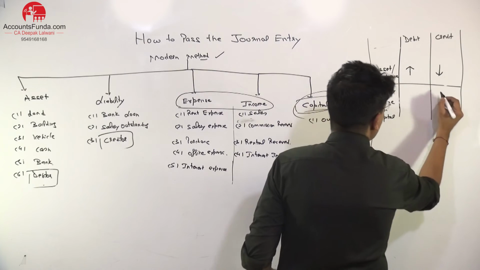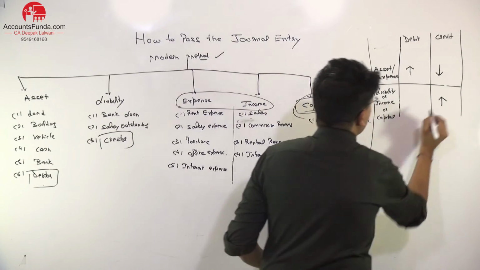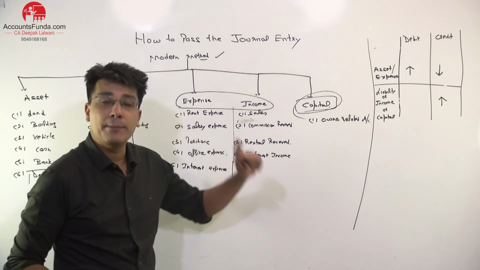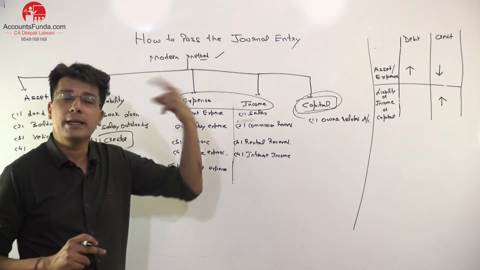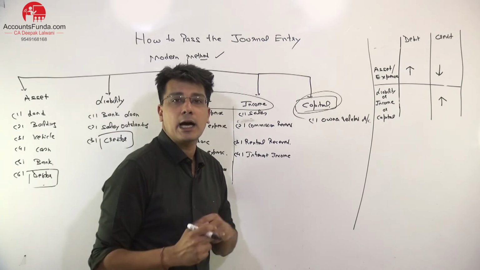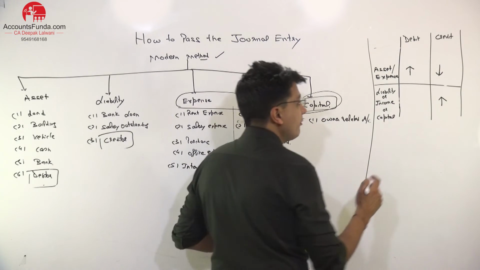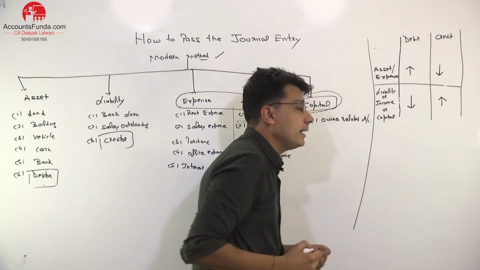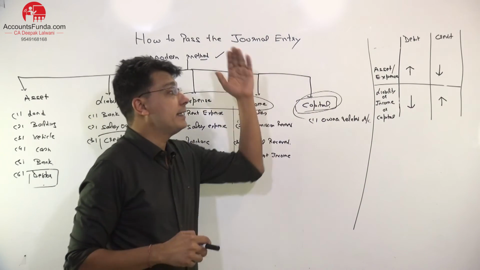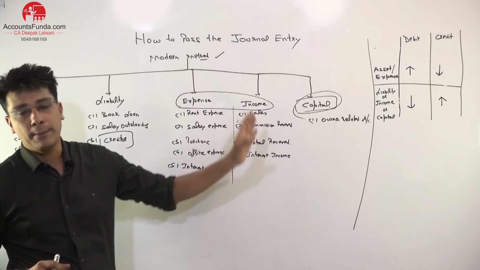Whenever liability increases, or income increases, or capital account balance increases, it will be credited, and whenever liability, income or capital decreases, it will be debited.